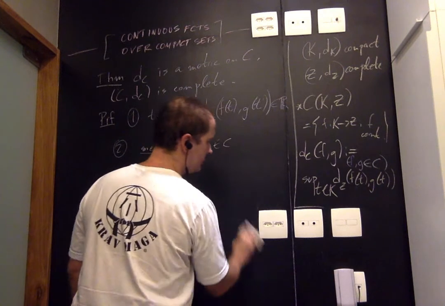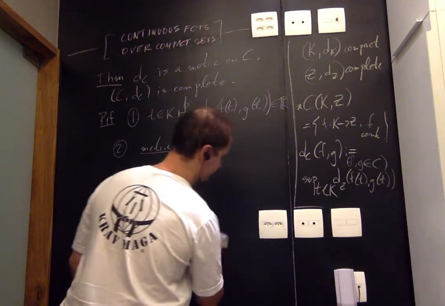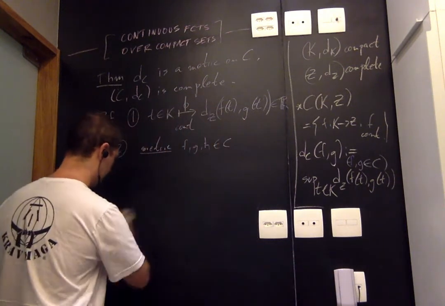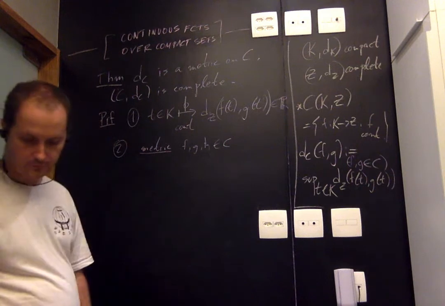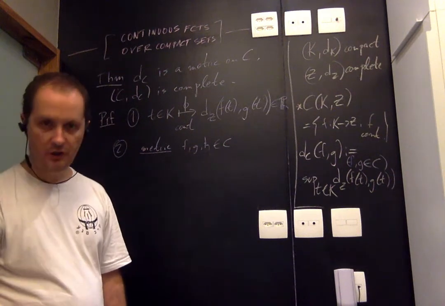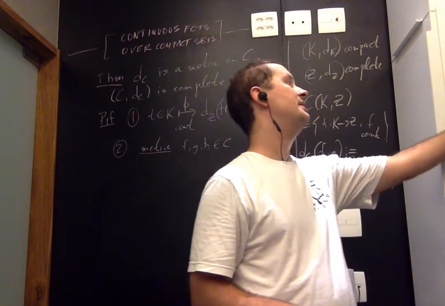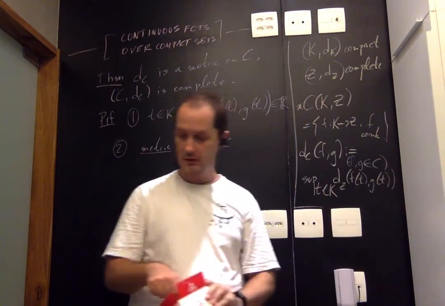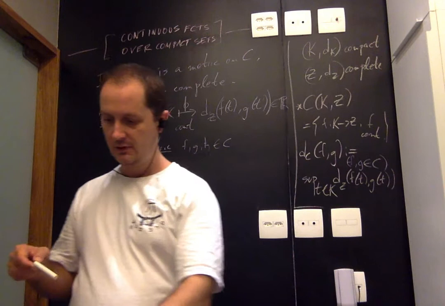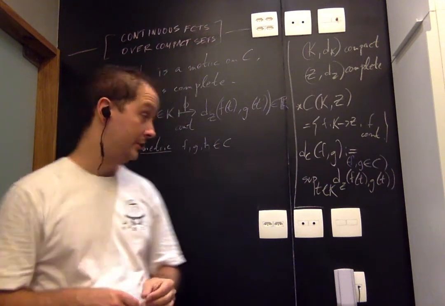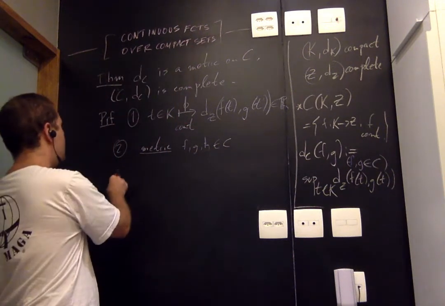And basically what we're going to do is argue very similarly to what we did when we proved that C of [0,1] to R is a complete metric space. So I'm going to make this quick. How did we argue over there?